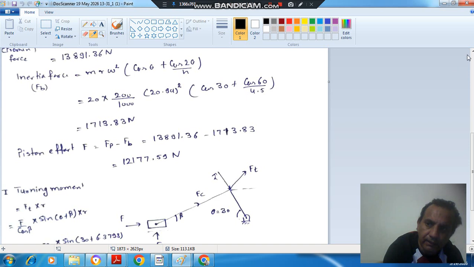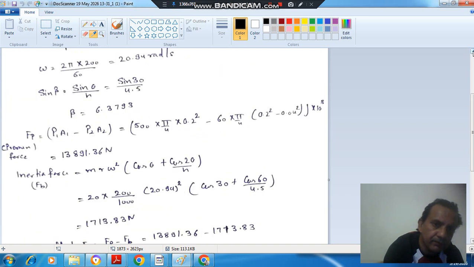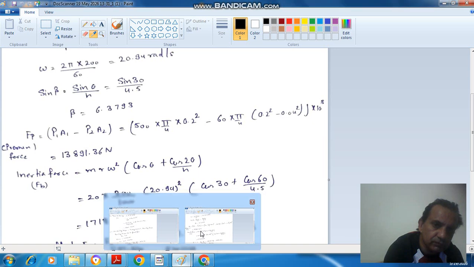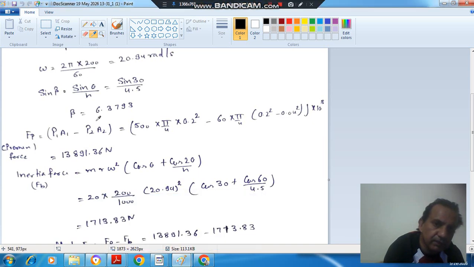We get L by R as n, so sine beta is sine theta by n. Theta is 30 degrees, that is given in the question, when the crank has turned 30 degrees. So beta comes out as 6.3793 degrees.